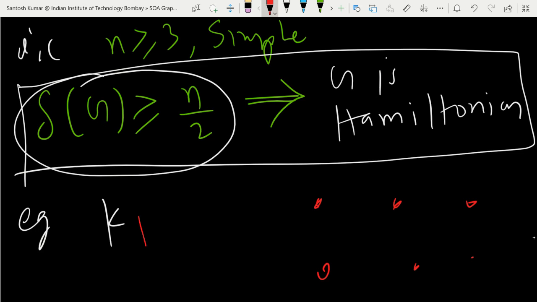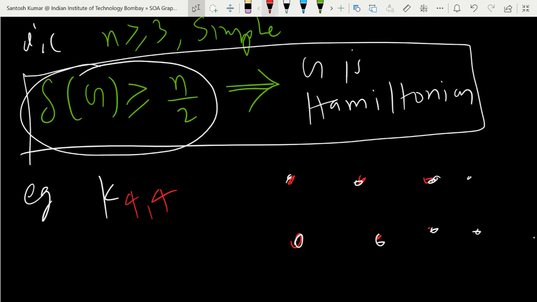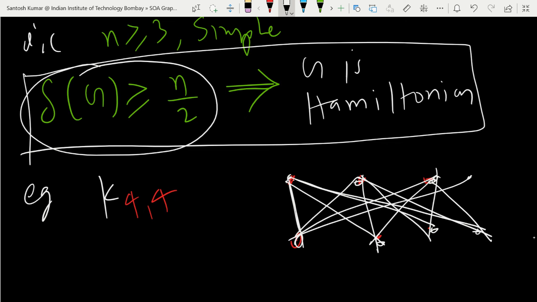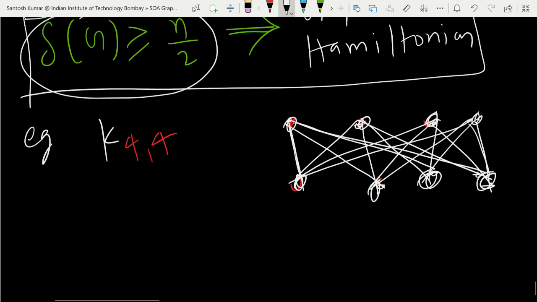So let's check K44 or K33, anyone can check. So let's make 4 vertices here.